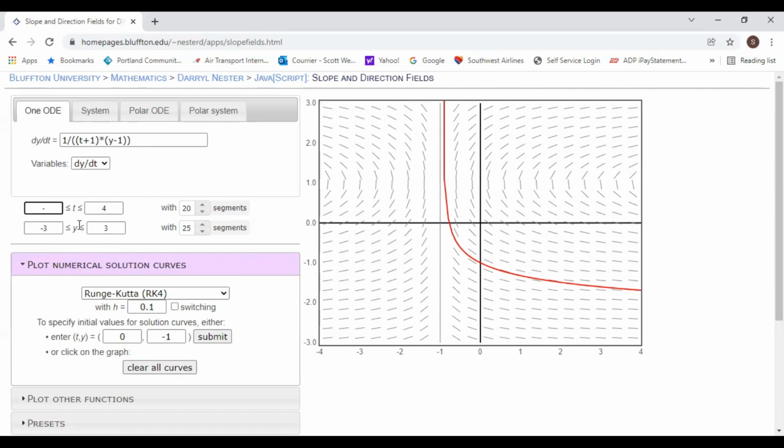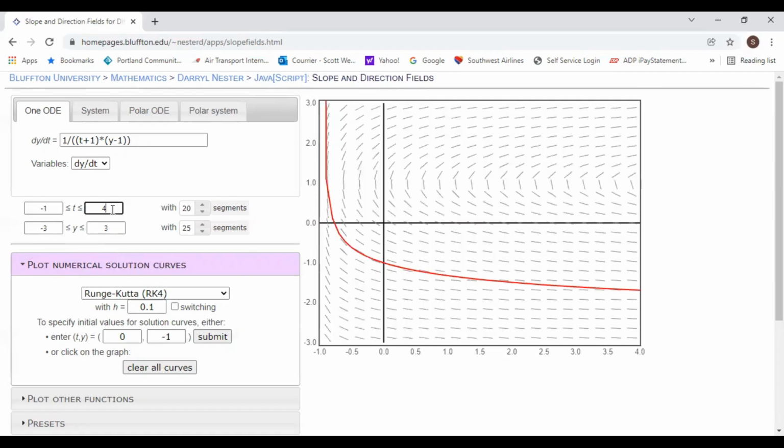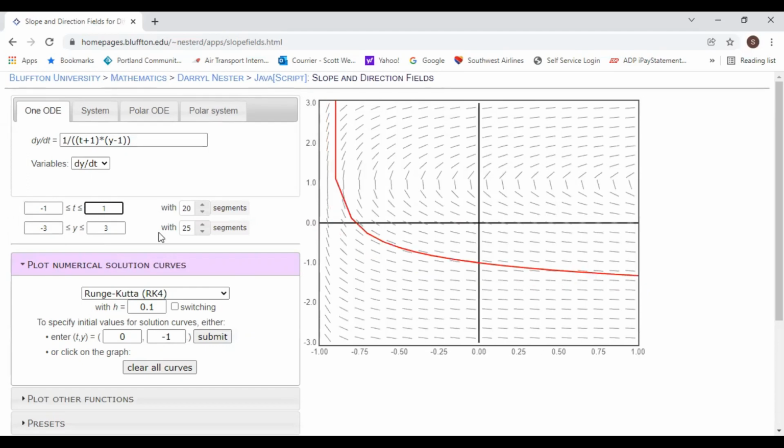So I'm going to make this a little bit narrower of a window here so that we can see it better. And if we look at it here, the spot where we end up with this little singularity where it goes vertical is going to correspond to that 0.864 thing that we saw.